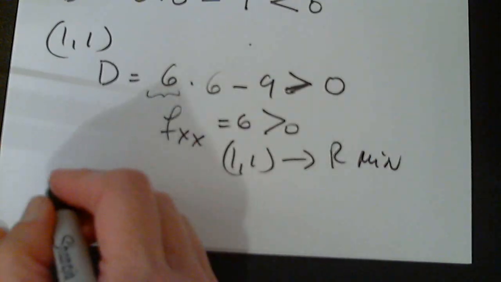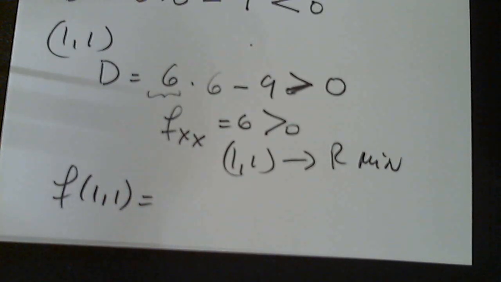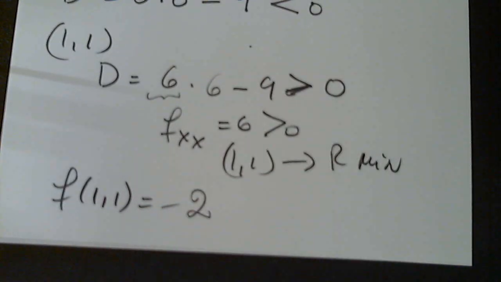What is the value of the function at 1, 1? And that would be the value of the minimum. 1 plus 1 minus 3, negative 2. Any questions?